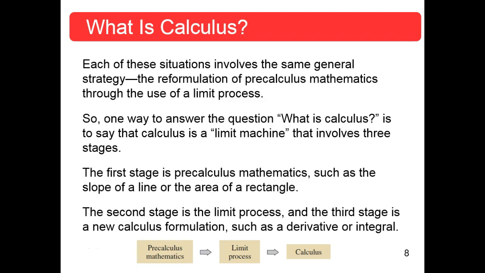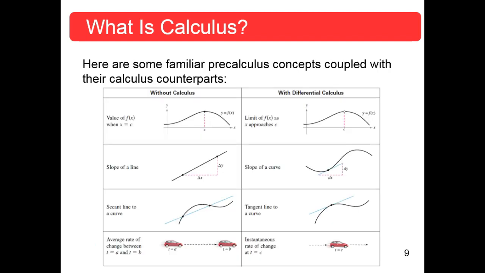We'll get to see this maybe even today, if possible. Second stage is the limit process that links us to what we need. And the third stage, the new calculus formulation, such as a derivative for slopes, integral for areas. So the pre-calculus mathematics deals with the first stage, the limit process is the middle stage, and then you get the new formulation from the third stage.